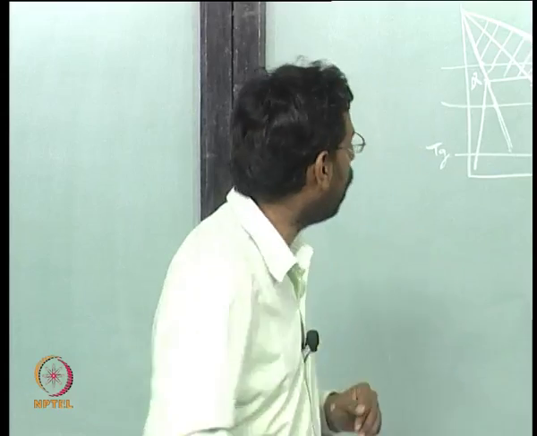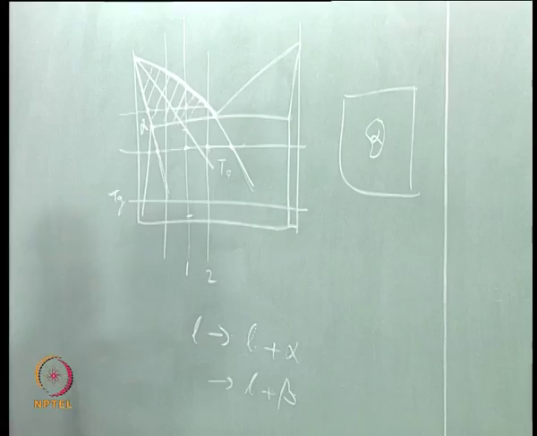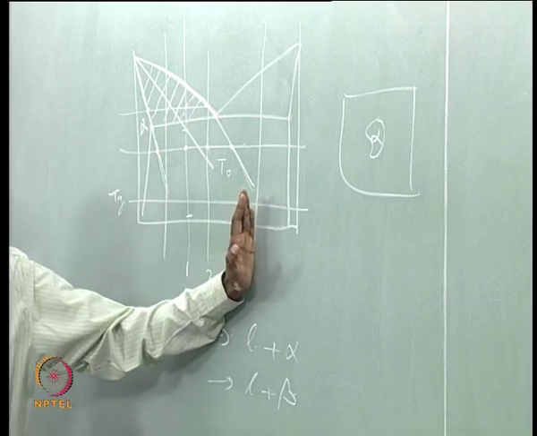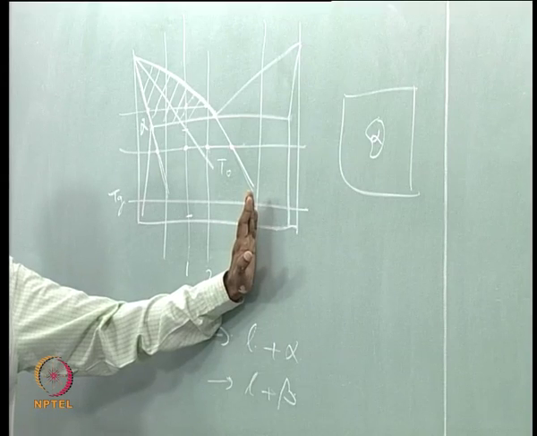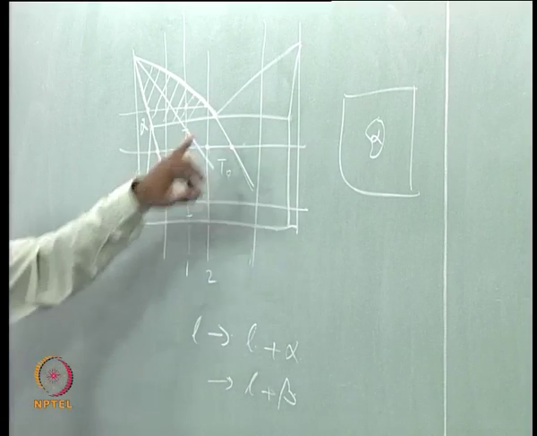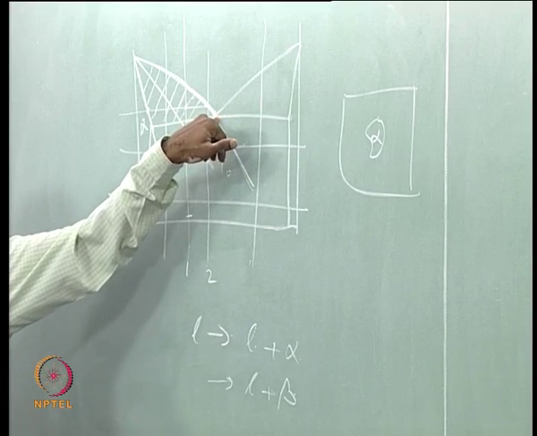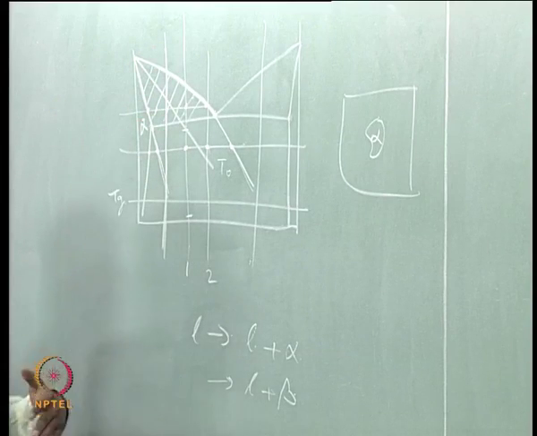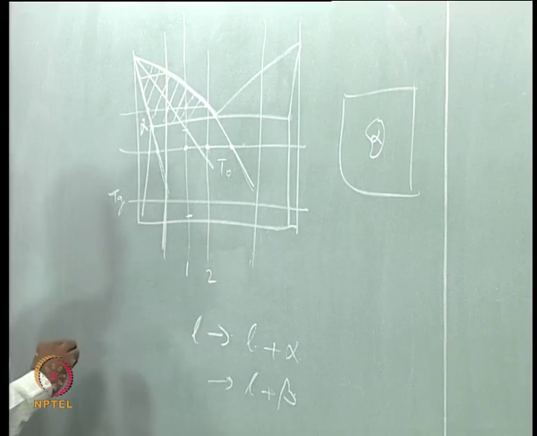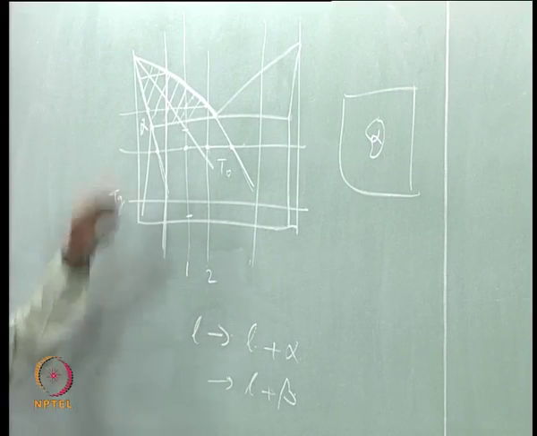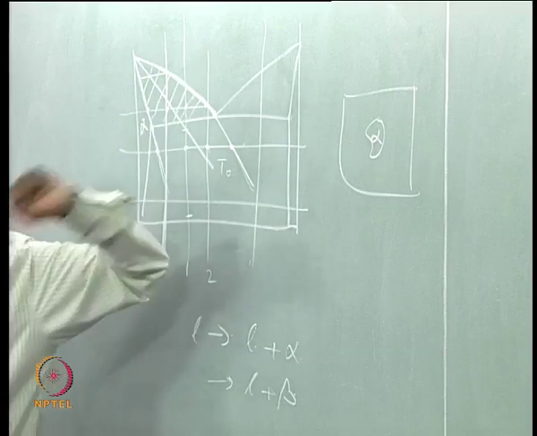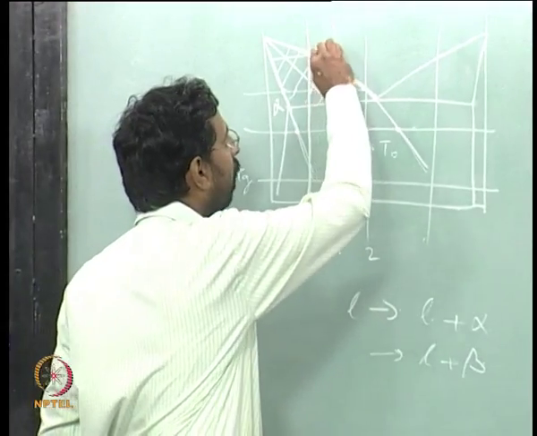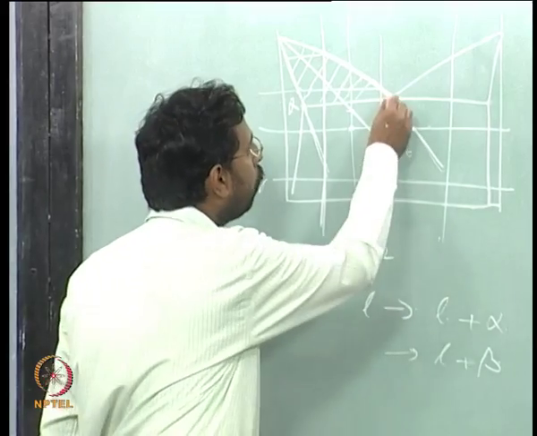Every liquid cannot undergo it. You may say, sir, this alloy also will have a eutectic reaction, this alloy also will have a eutectic reaction, why do you say that the liquid should have this composition only? This alloy is undergoing a eutectic reaction, but the liquid of this alloy which is undergoing the eutectic reaction always has only that composition. Please remember that. If I take this alloy, if I slowly cool, under normal conditions you will have the alpha coming out, and as I come to lower and lower temperature, more and more alpha comes out, and the remaining liquid's composition shifts towards this and then comes to this particular composition.